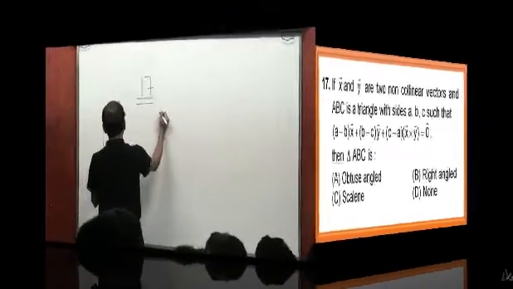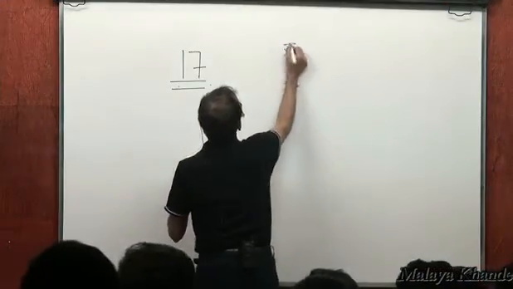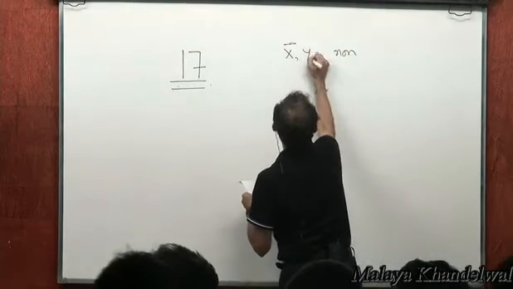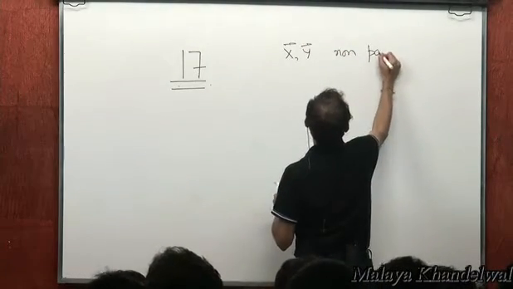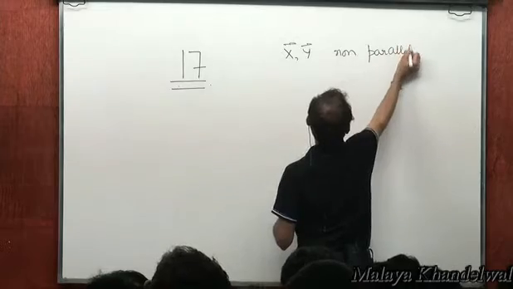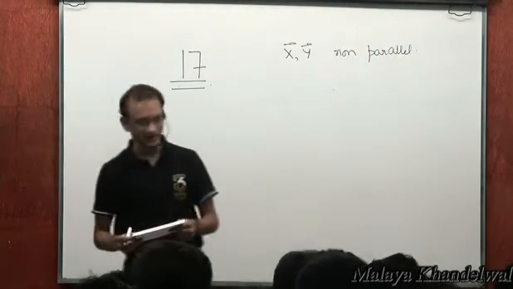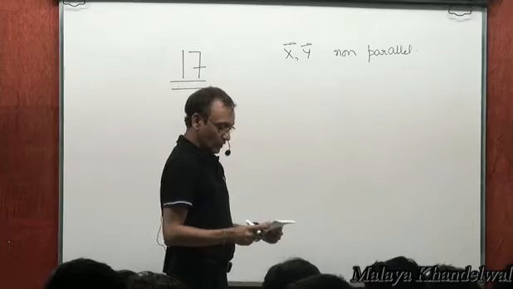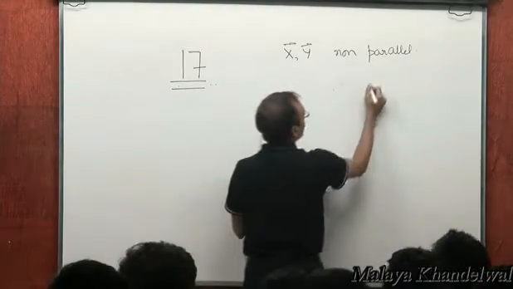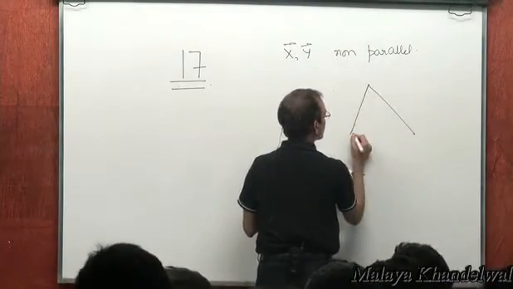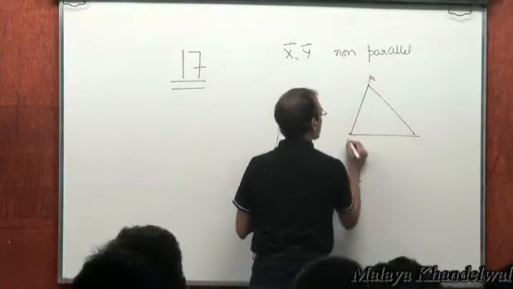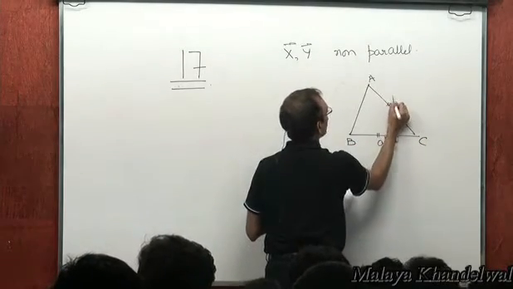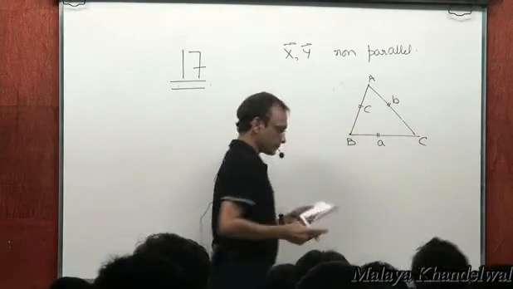X and Y are two non-collinear vectors, meaning non-parallel. And there is a triangle ABC with sides small a, small b and small c.